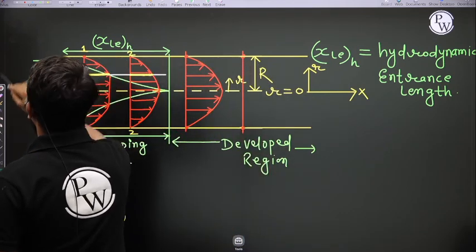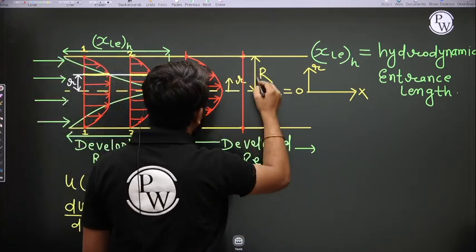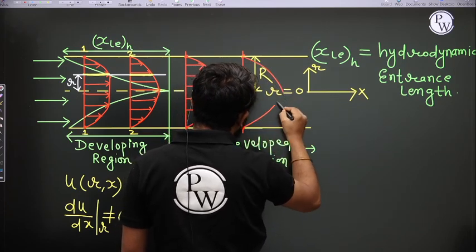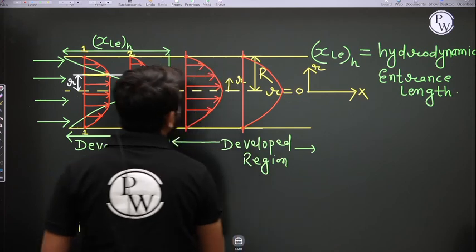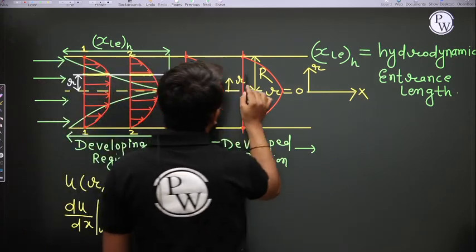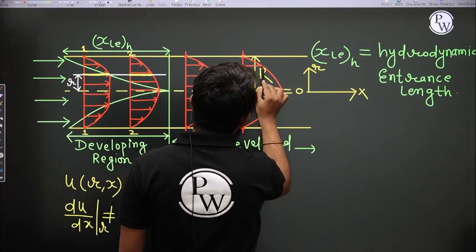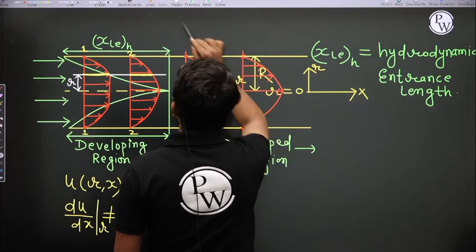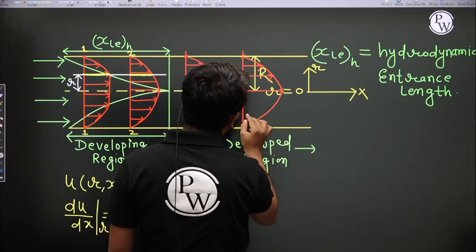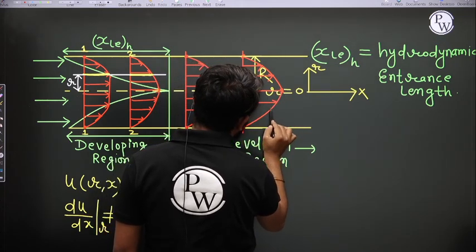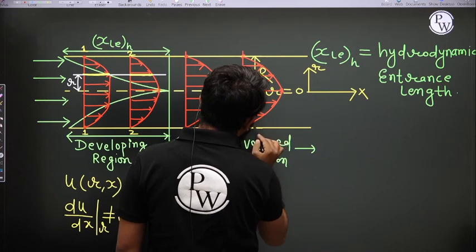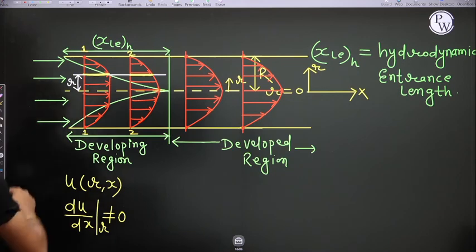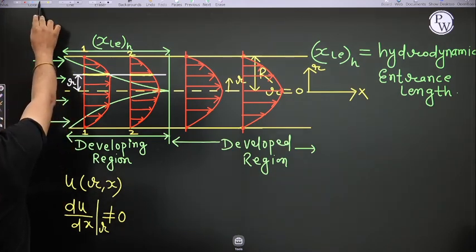This is the velocity profile. That velocity profile is not changing with respect to x.